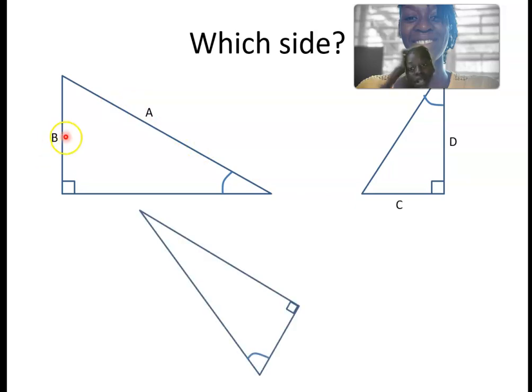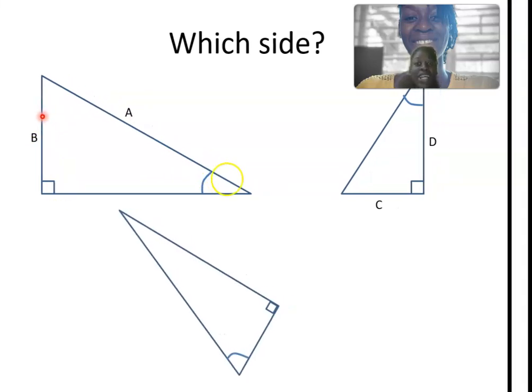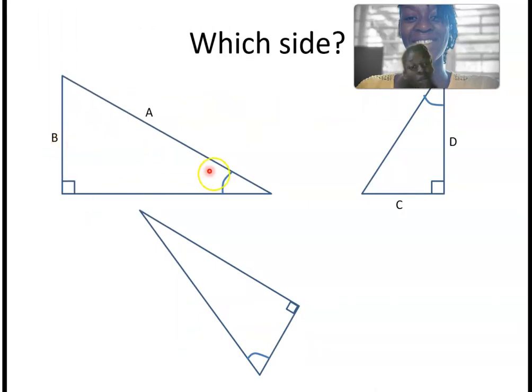How would you label side B? Alright, so it is directly across from the acute angle, so it is opposite. Beautiful, beautiful. So if you are able to identify the hypotenuse and the opposite, then of course the other one that is not labeled is the adjacent side. And notice that the right angle and the angle is on the adjacent side.